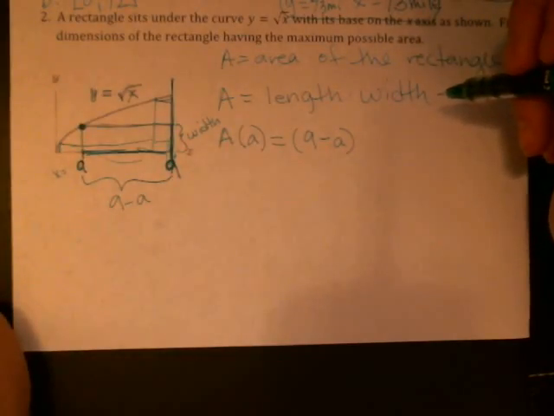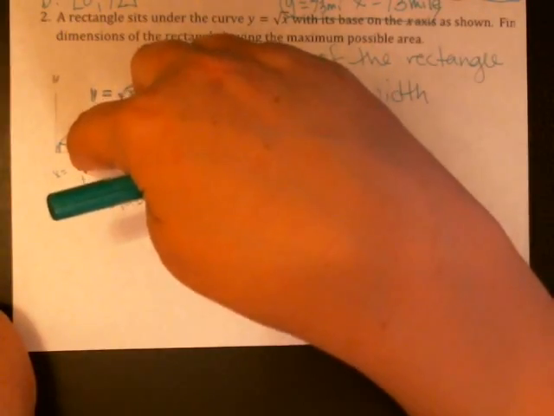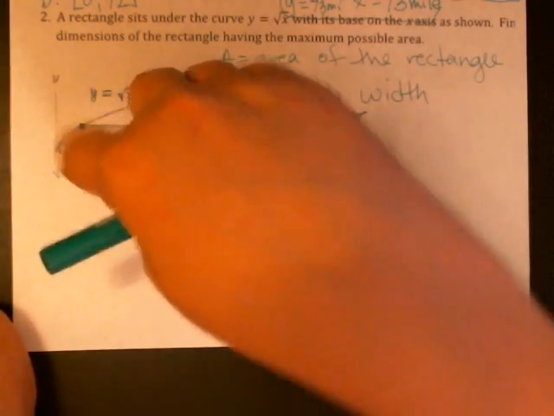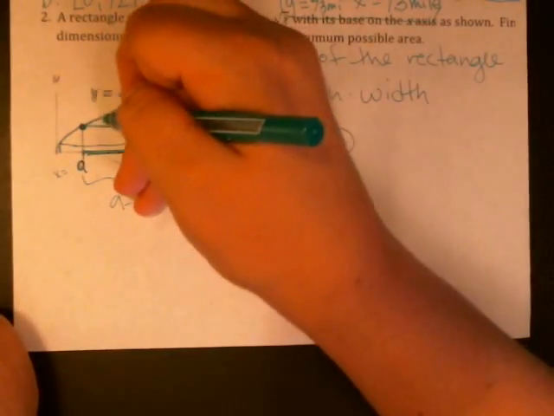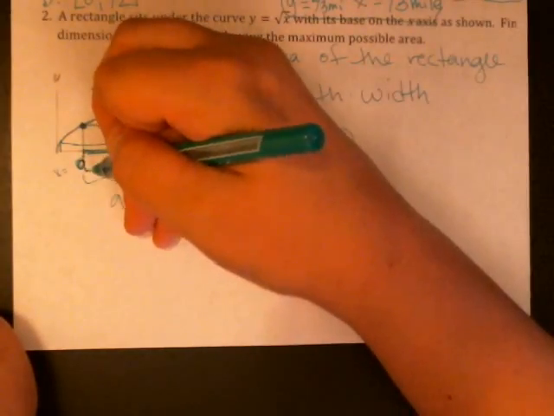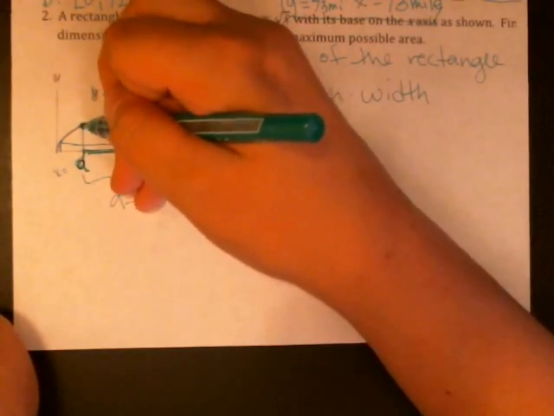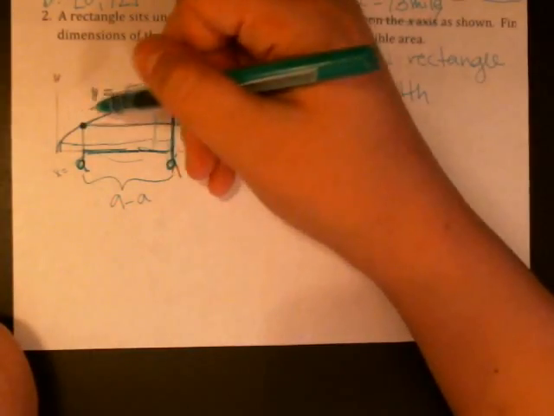So I would think about this again. If you choose this bottom corner, that determines the width of your rectangle, but it also determines the height of your rectangle because your rectangle has to touch this curve. So the question is, if the x-coordinate of the bottom corner is a, what is the y-coordinate of the top corner? Or whatever, the x-coordinate of the top corner is a.